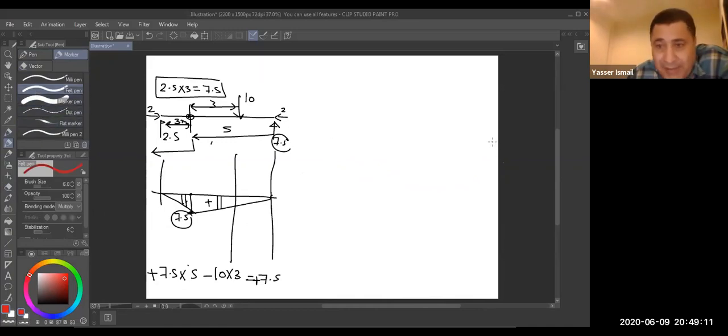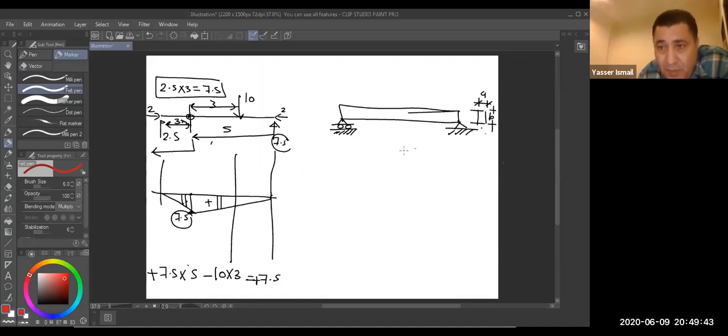You have a beam like that. This is your beam, and this beam has this section, A and B. And you have a uniform load.